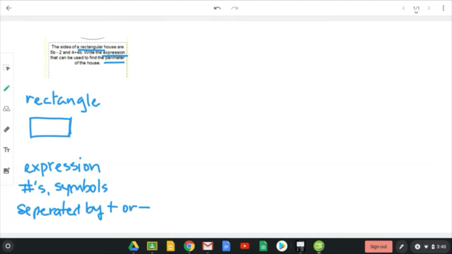Perimeter tells us the measure of all the sides, or the sum of all the sides. And in this case, all the sides of this rectangle.